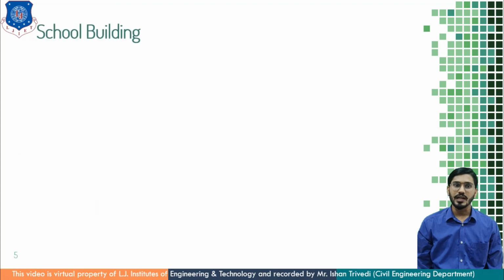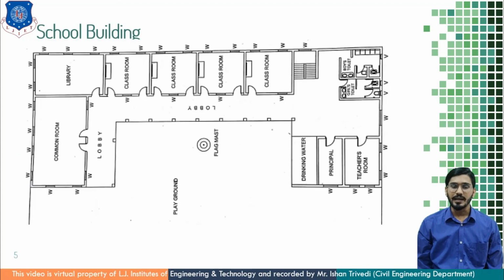I am showing you another school building plan where the dimensions are not given to you, but you have to assume certain things, make a layout of this plan and write down their dimensions by yourself. So this is a kind of activity which I am giving to you as an exercise.